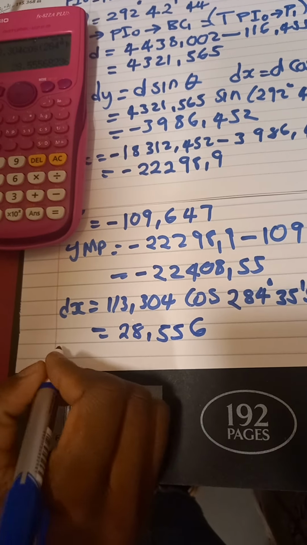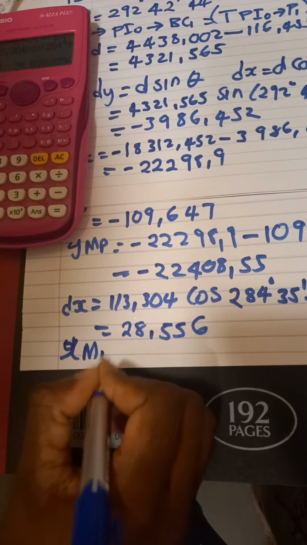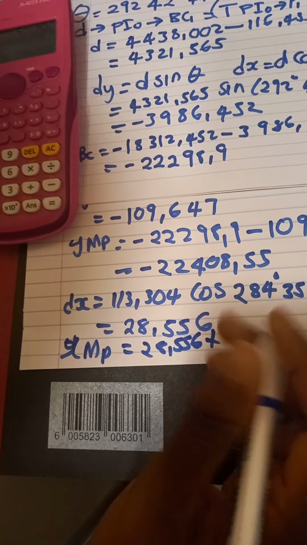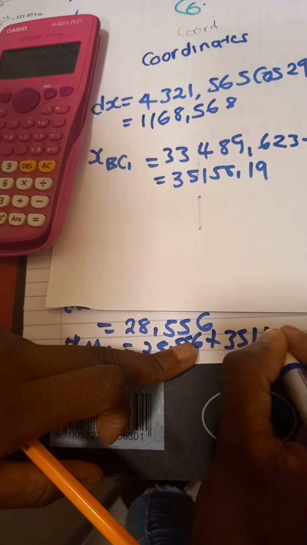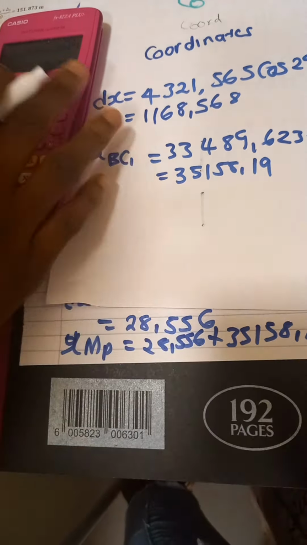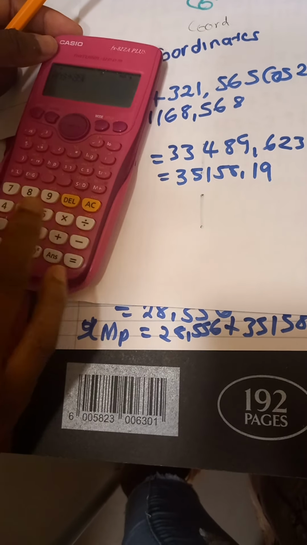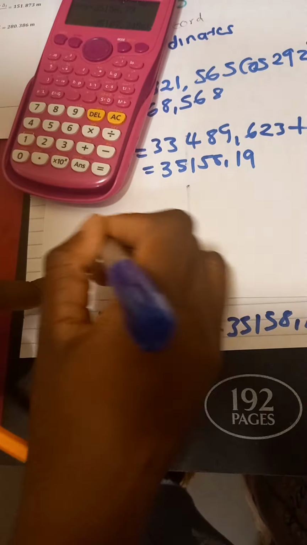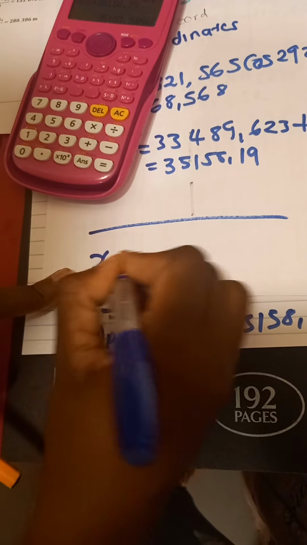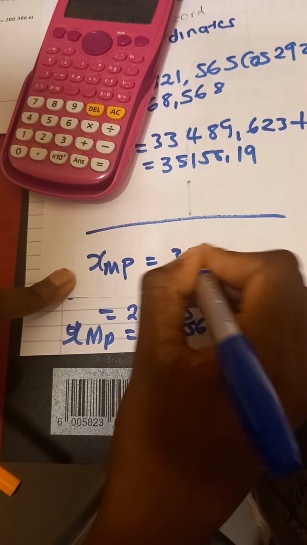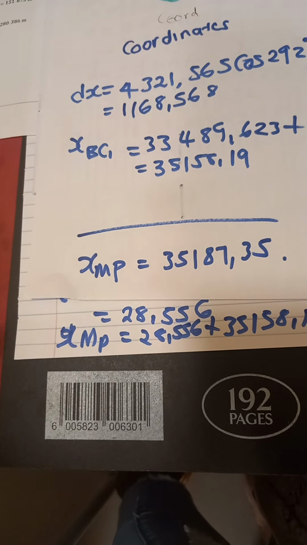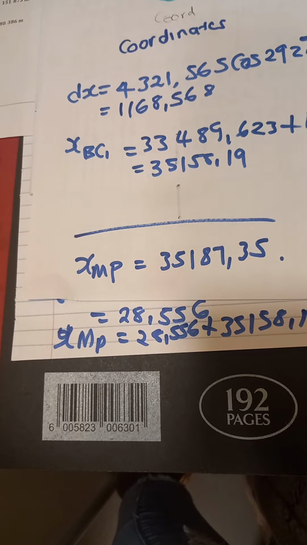So your x at MP is given by 28.556 plus the x coordinate at BC, 35158.19. So your x at MP is 35187.35. So you have your coordinates of MP1 and BC1.